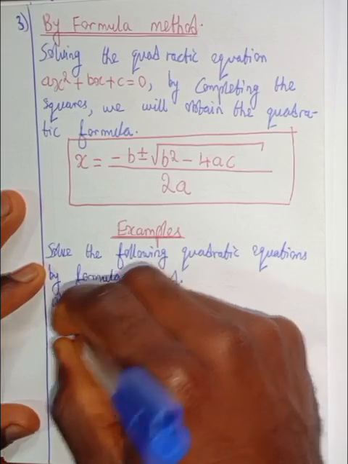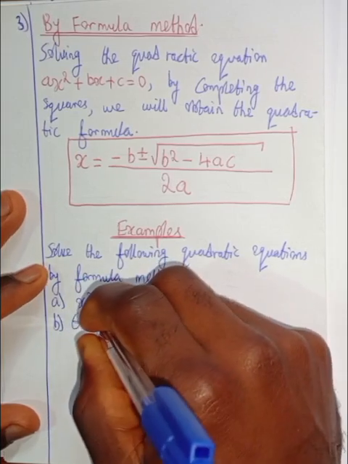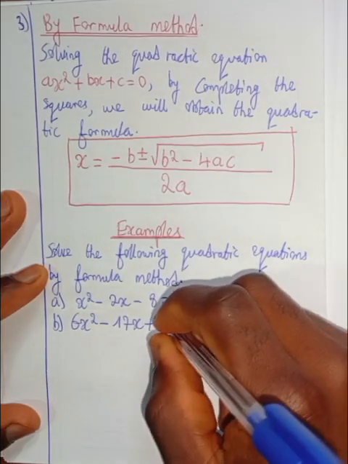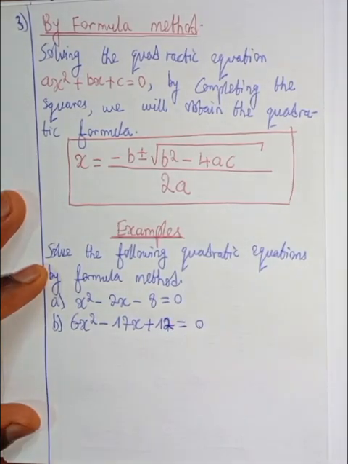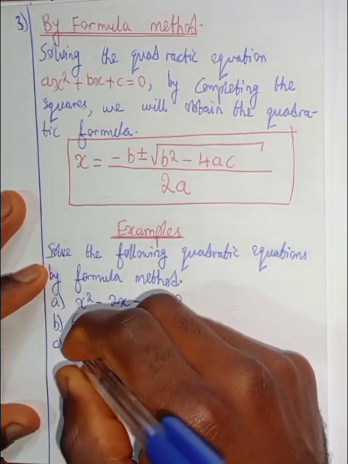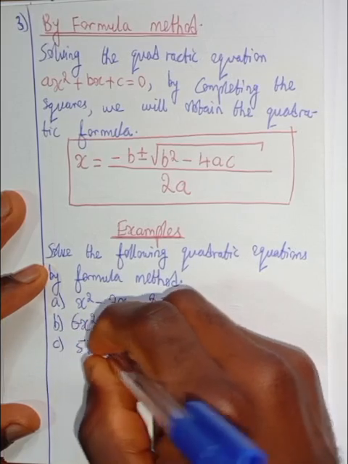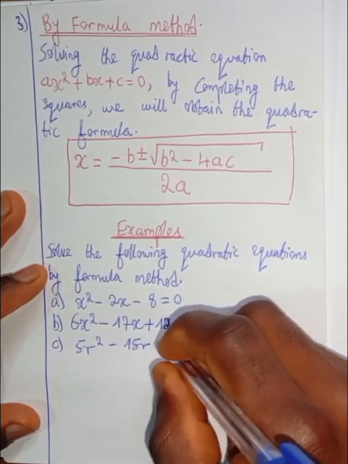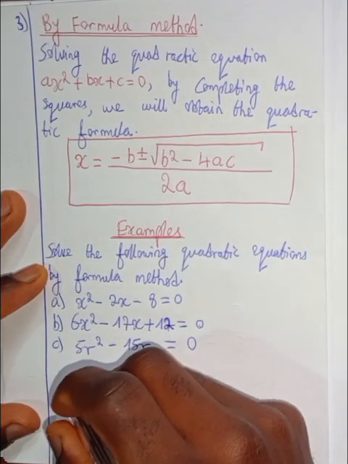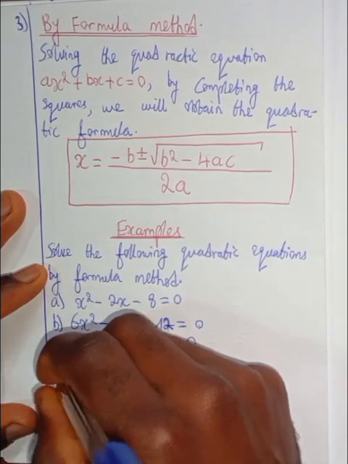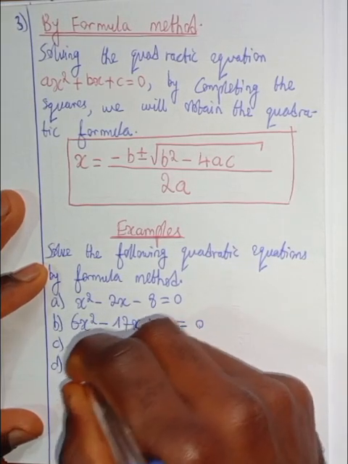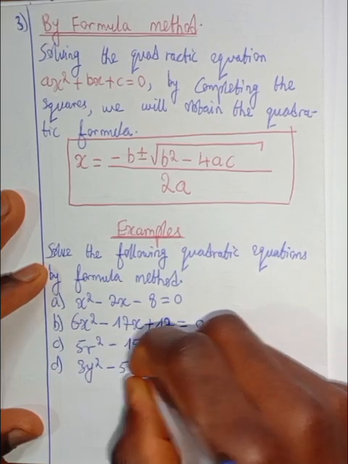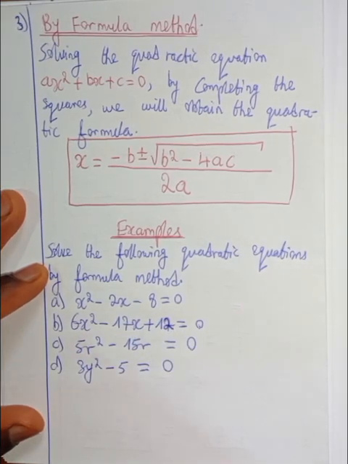B, we have 6x squared minus 17x plus 12 is equal to 0. C, we have 5r squared minus 15r is equal to 0. D, we have 3y squared minus 5 is equal to 0.